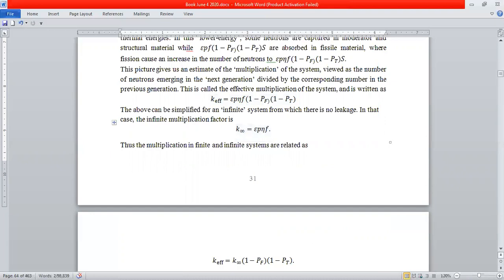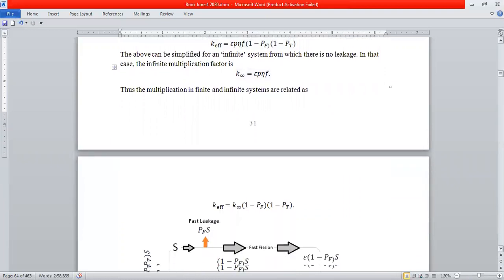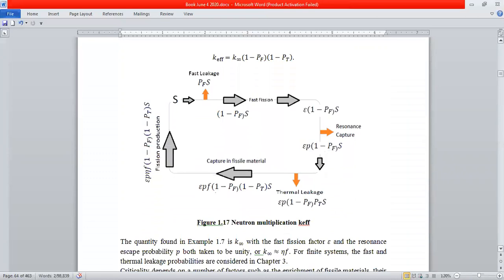Now, this is a fascinating little picture that I want to show you, of what happens in the life of a neutron. So let's start over here when the neutron begins its life as a source neutron. As I told you in lecture 1, that source neutron could be produced from a beryllium source or from Cf-252. These would produce neutrons with the spectrum which I showed you in lecture 1.